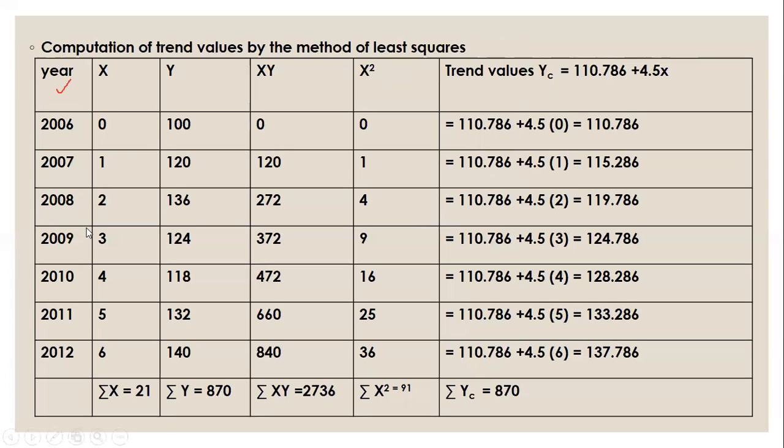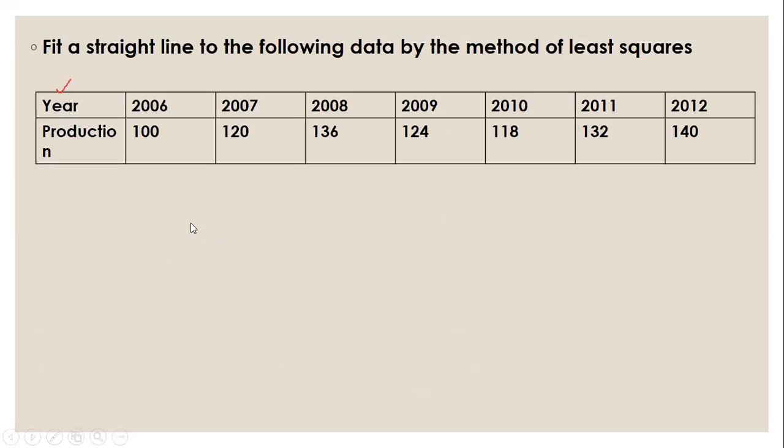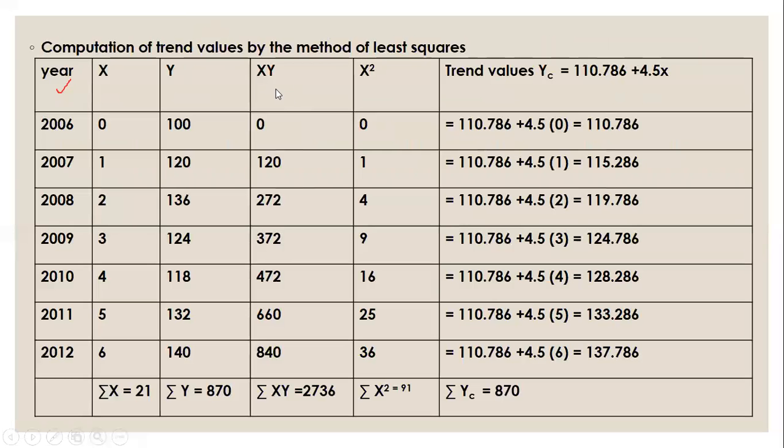Then you have the y values 100, 120, 136, 124, 118, 132 and 140. Now I told you x is the time, or the time deviation.